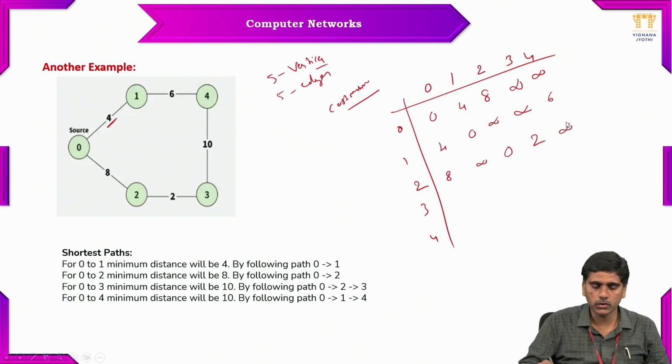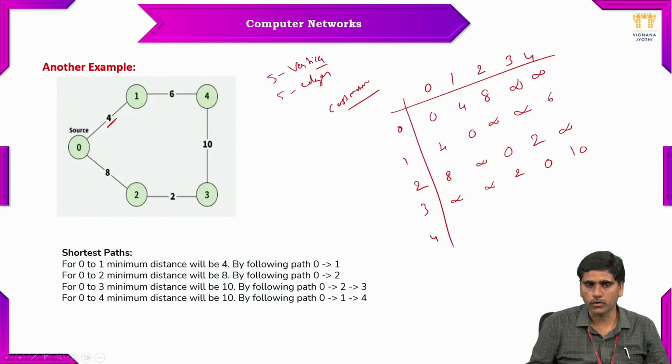Similarly for 3. 3 to 0 is not directly connected, so infinity. 3 to 1 is not directly connected, so infinity. 3 to 2 is directly connected with distance 2. 3 to 3 is the self distance, 0. And 3 to 4 is directly connected, so the distance is 10.